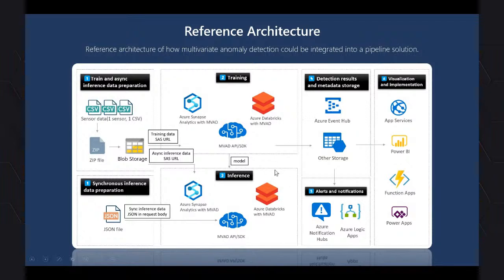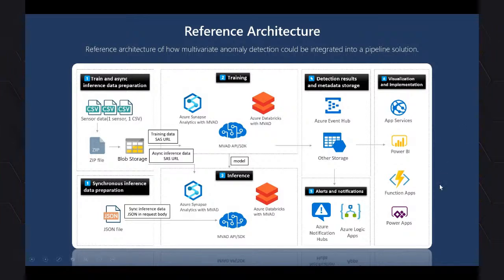And next, after you do the inference and the training, you can store your metadata and the inference results in something like Azure Event Hub or other storages. And after that, you will trigger some alerts and notifications, because sometimes the maintenance engineers will need something to let them know that there is an anomaly happening here. So you can use Azure Notification Hubs or Logic Apps or other Azure components to do this.